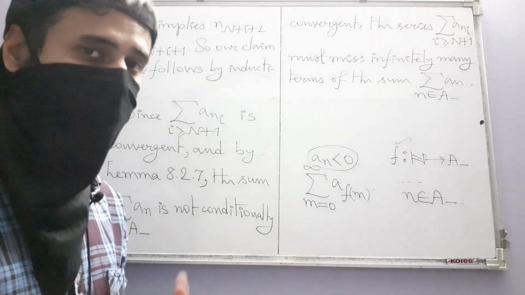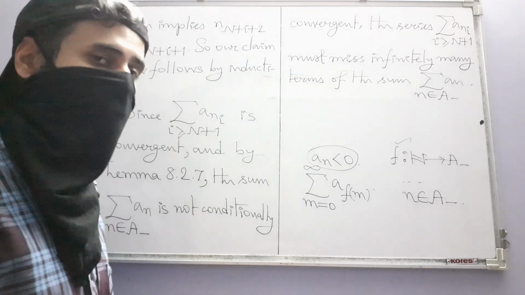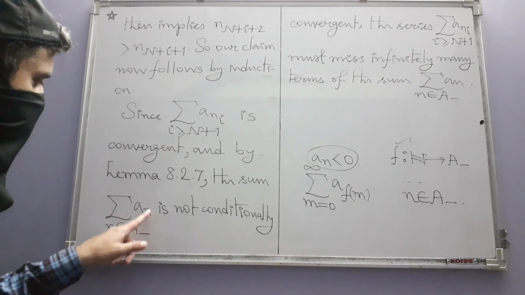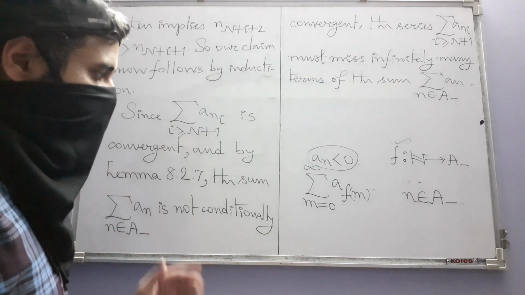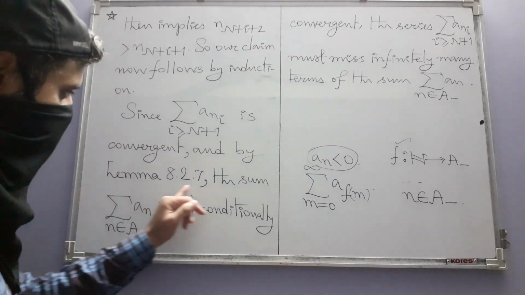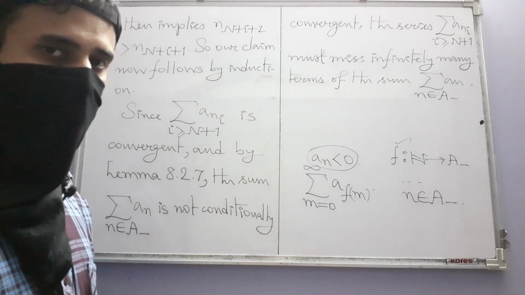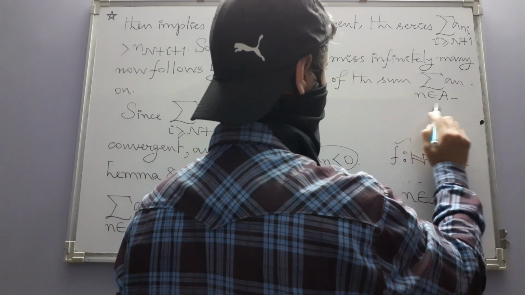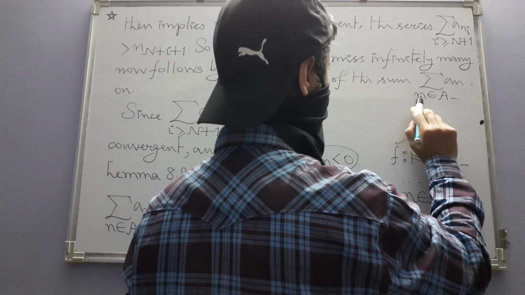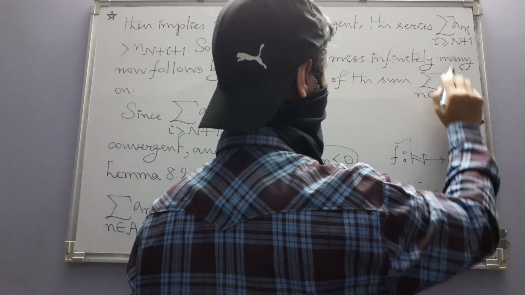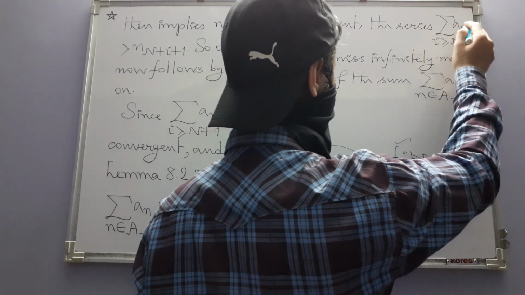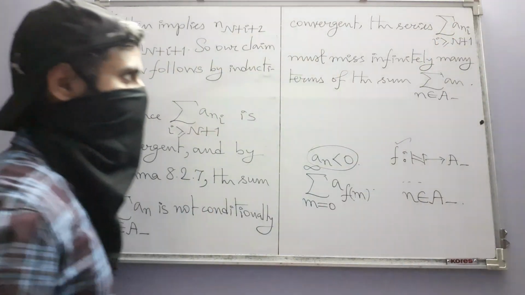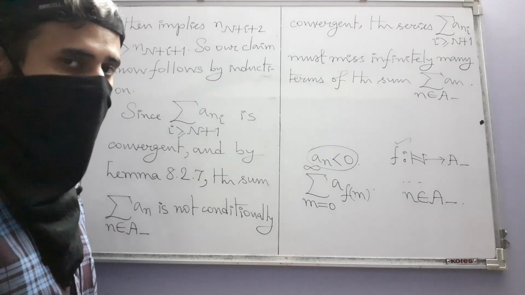It will then have to be conditionally convergent and hence also absolutely convergent due to all the terms being negative, which would contradict Lemma 8.27. So that is why infinitely many n's must be here for which a_n should not be found among the a_{n_i}. They are not to be found.